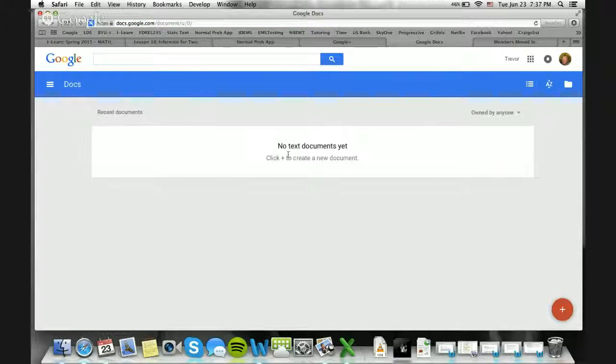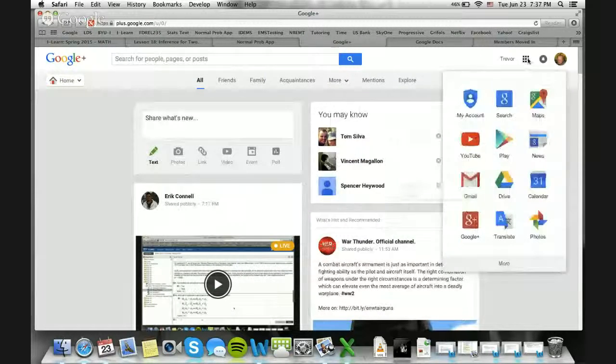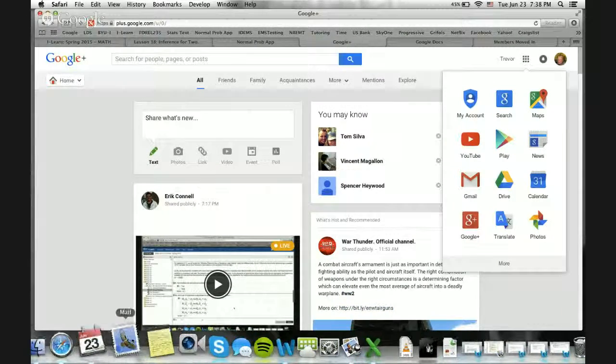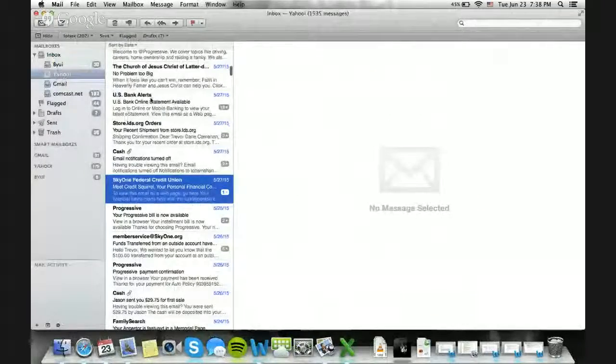Check your Gmail email. Shouldn't those go down in the middle?